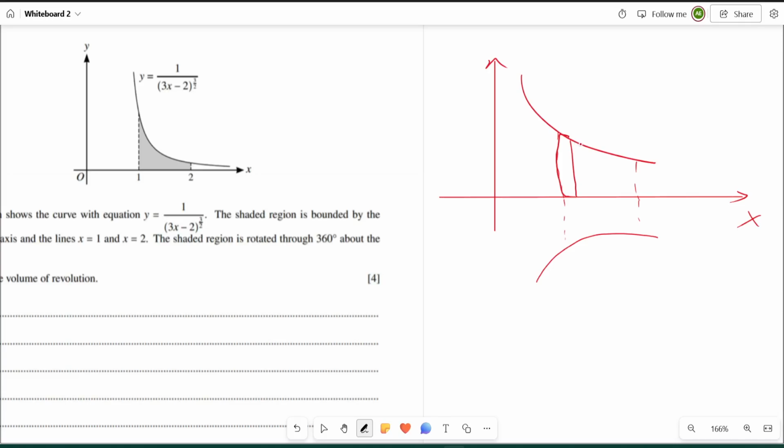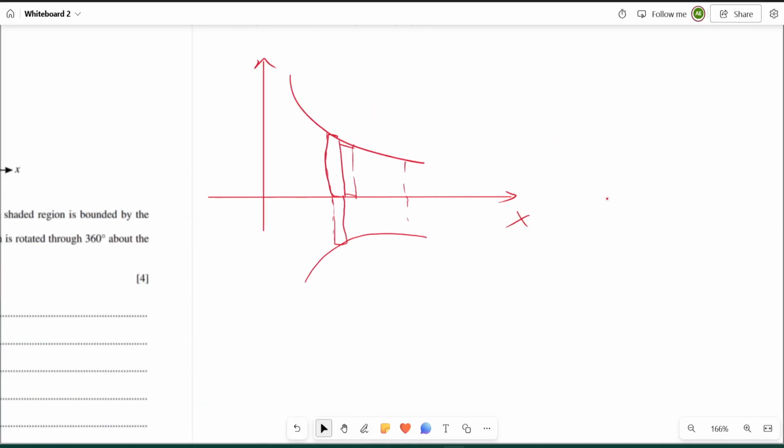And then we rotate these rectangles, or these small discs. So when you rotate this rectangle, it's going to look something like this. So it's going to be a disc.